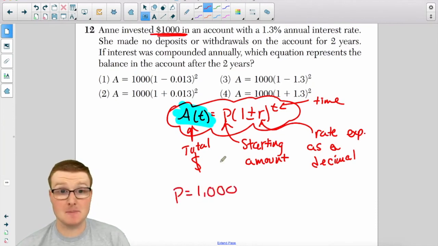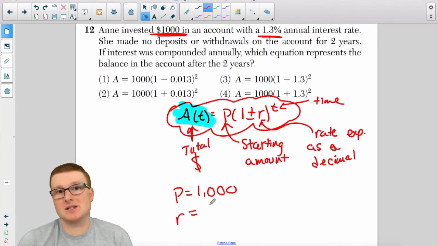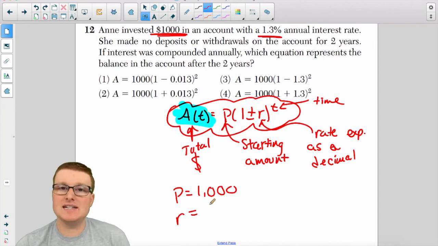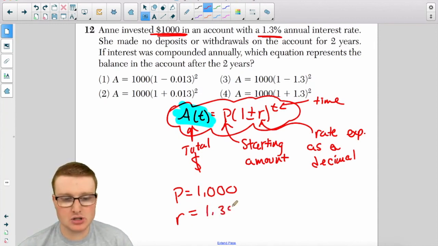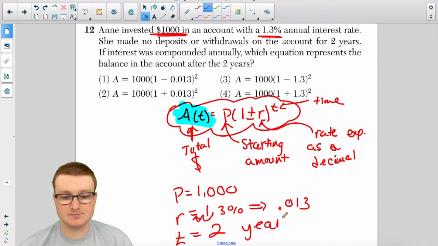That's your starting amount. Your 1.3% is your R, but remember that in order to express a percent as a decimal, you have to move that decimal place back by 2 units. So 1.3% changes to 0.013. You're moving that back 2 times, okay? And the T, which is your time, is 2 years.